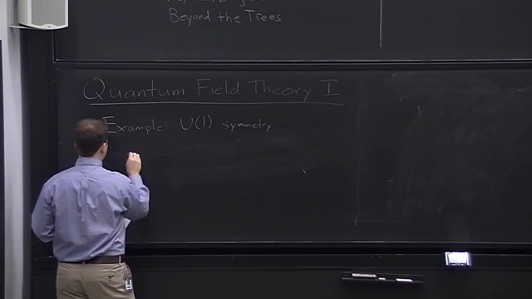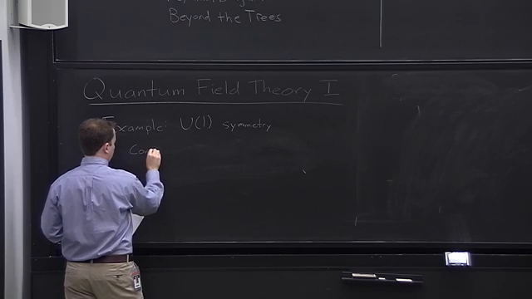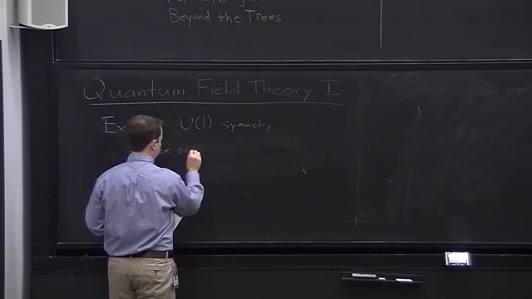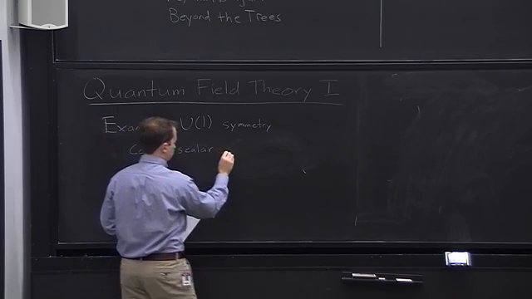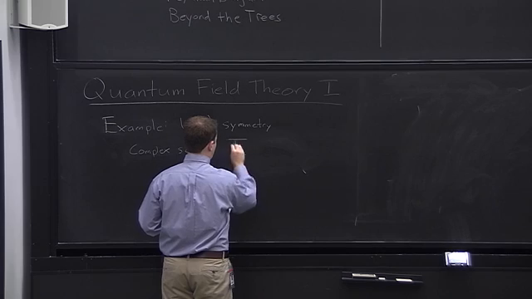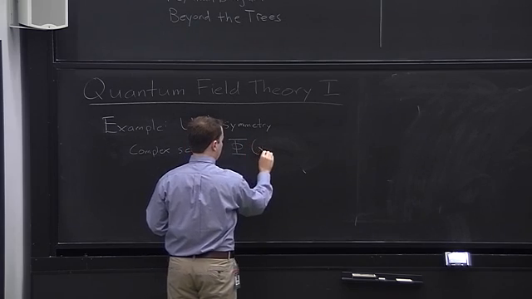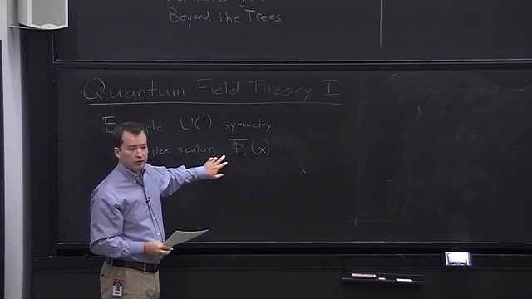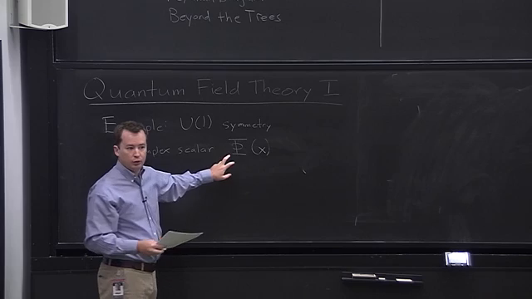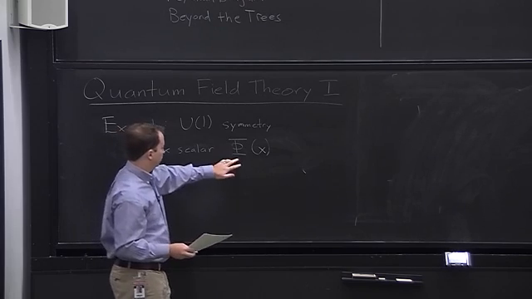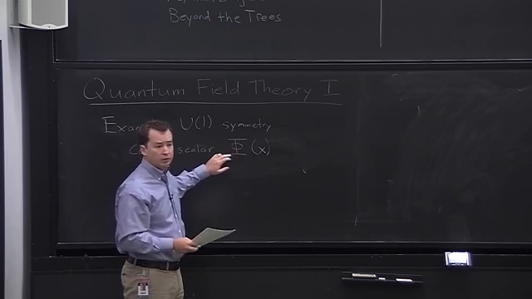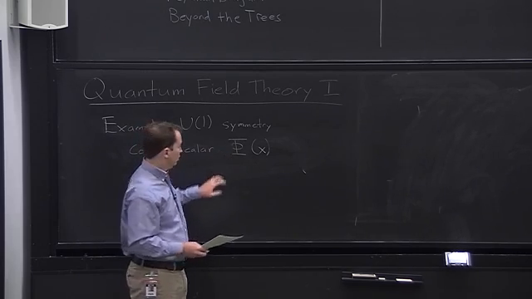And so this example is going to involve a complex scalar field, which I'll denote by capital phi. And it's sometimes useful to think of a complex scalar field as 2 real scalar fields. We can either divide this up into its real and imaginary parts, or its magnitude and its phase.